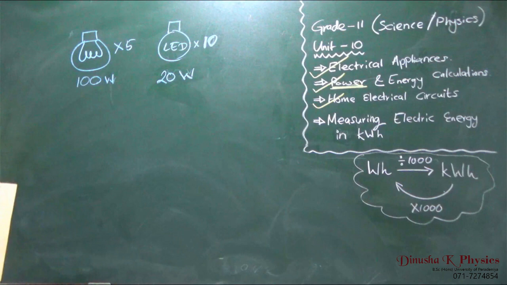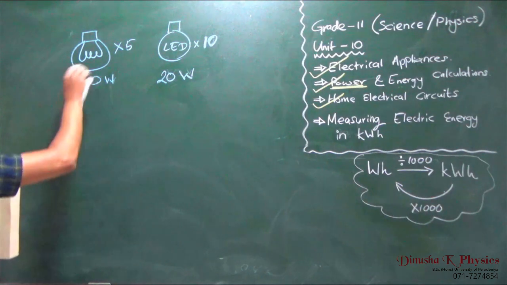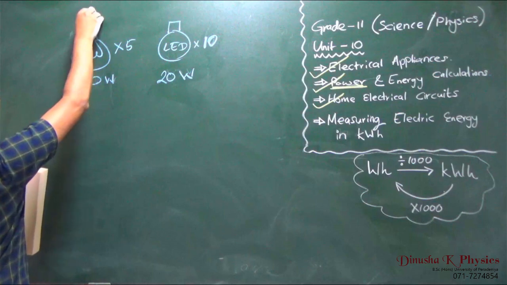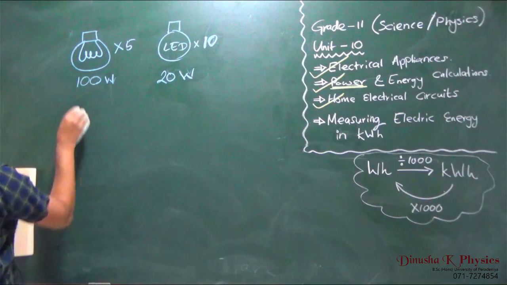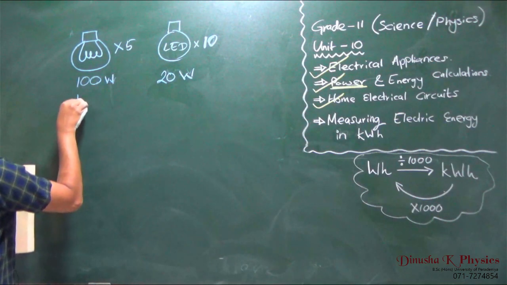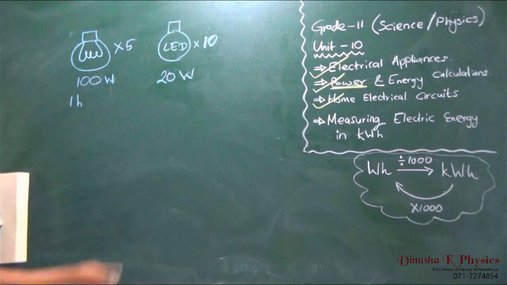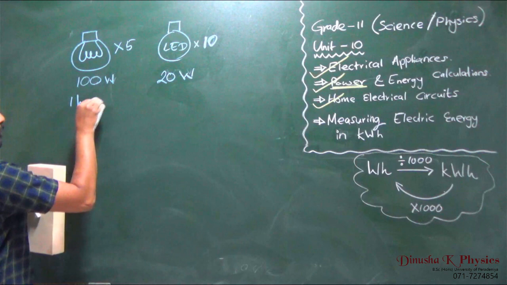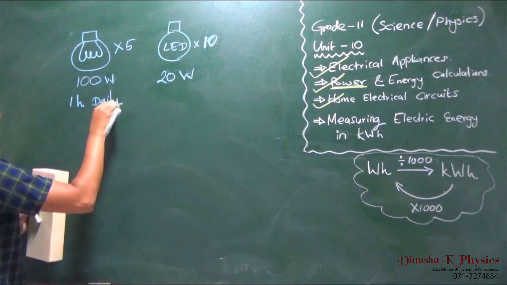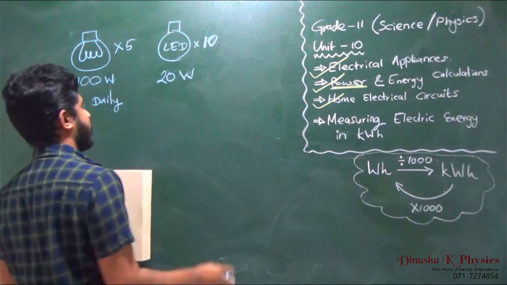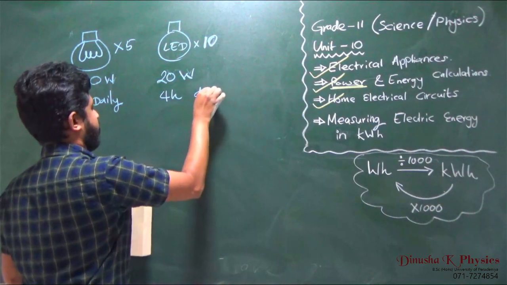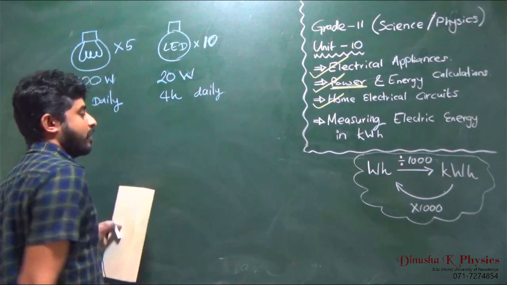Right? Okay. So these 5 bulbs are working for, let's say, 1 hour daily, and these LEDs are working for 4 hours daily. Right?